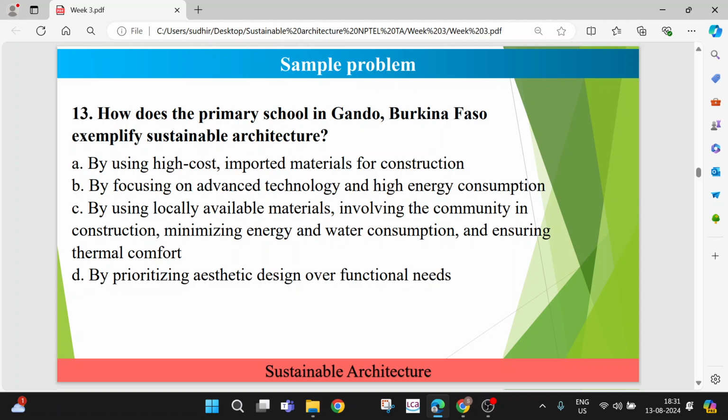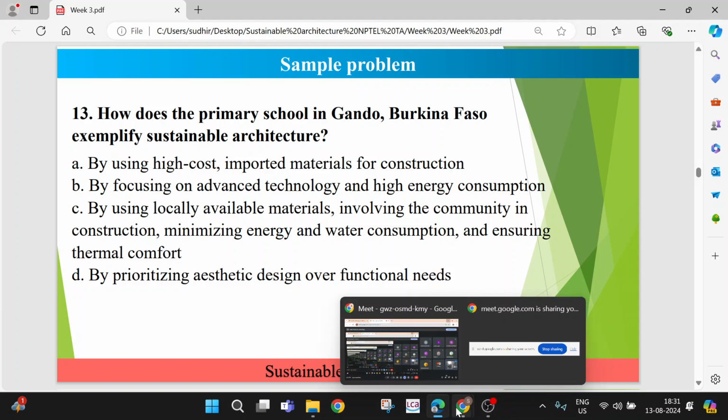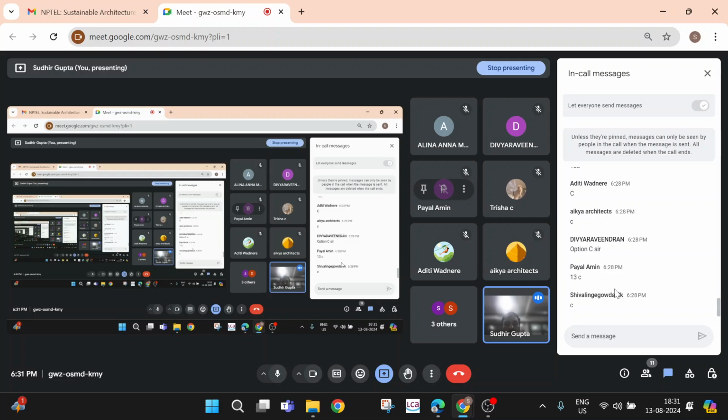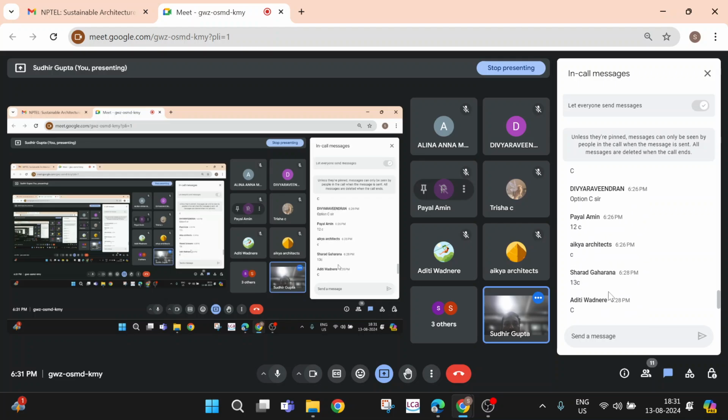And the building has minimal reliance on external resources, with a focus on basic design strategies for thermal comfort and rainwater collection for water needs. All three features are incorporated in option C only. So option C is the right answer, and I see in the chat box that all of you have given the right answer, which means all of you have well understood.